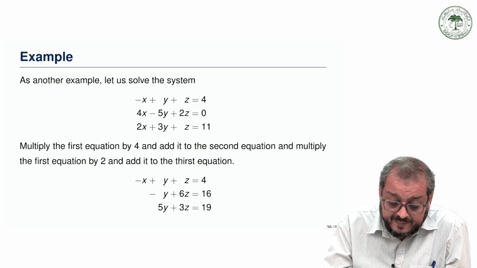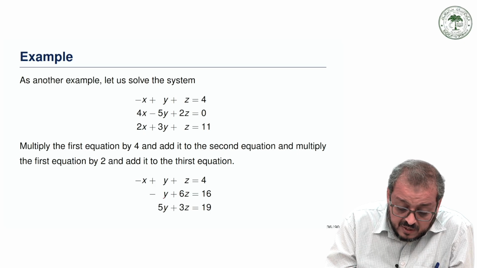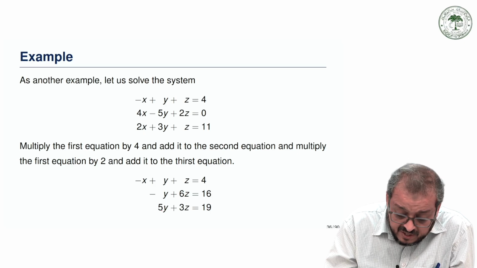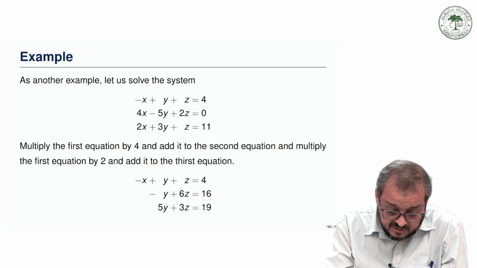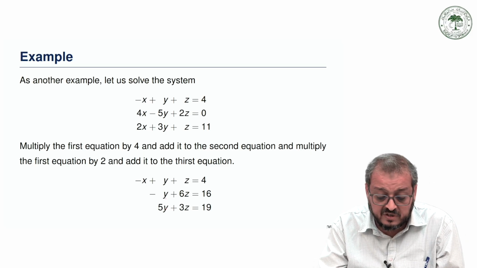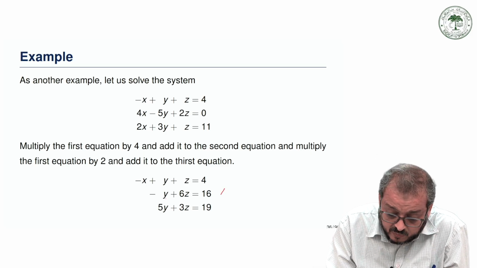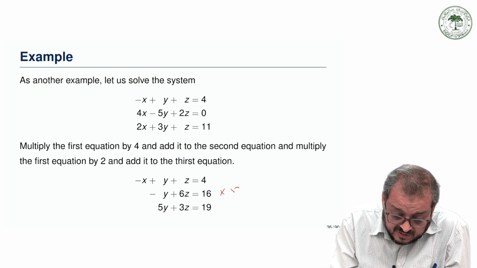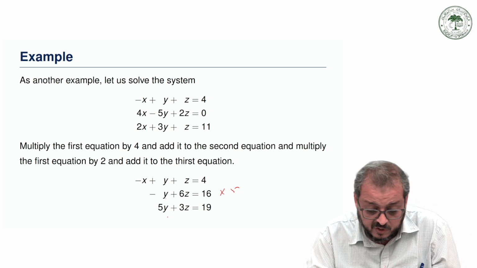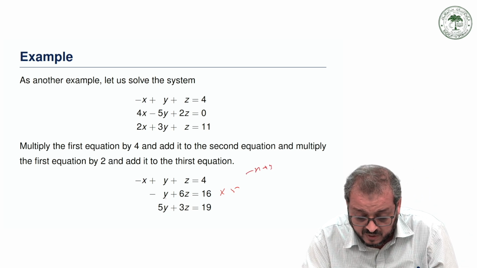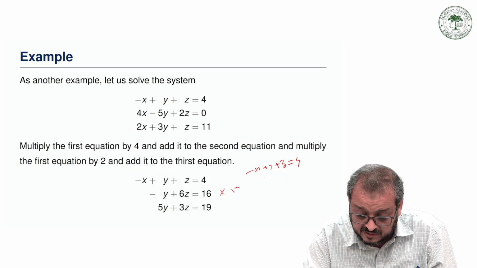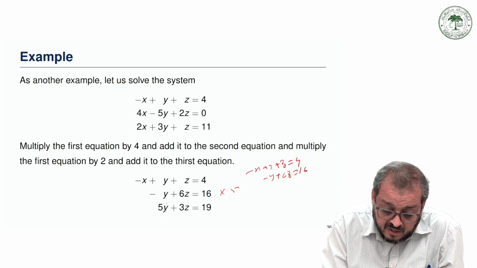And then next, we have to eliminate y from these two, so we multiply this equation by 5 and add it to the third equation. Then you get x plus y plus z is equal to 4, and now minus y plus 6z is equal to 16.